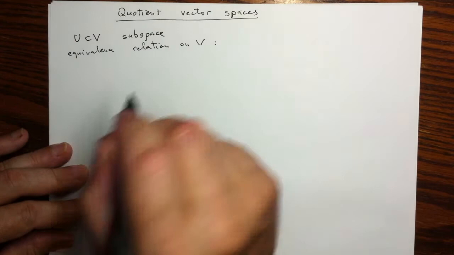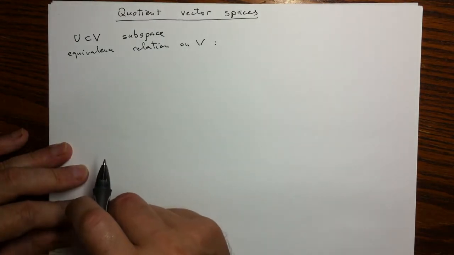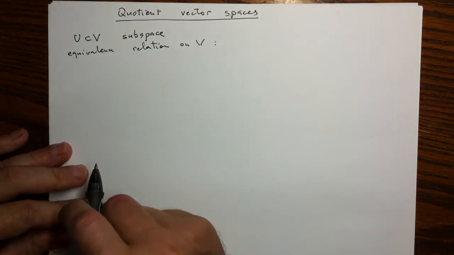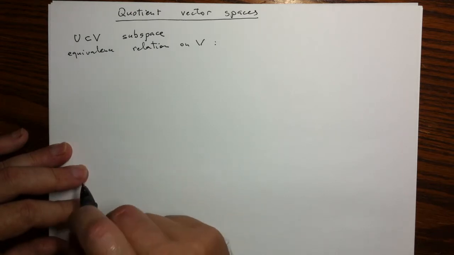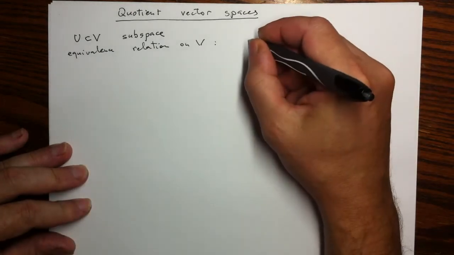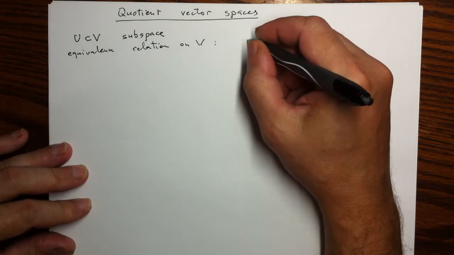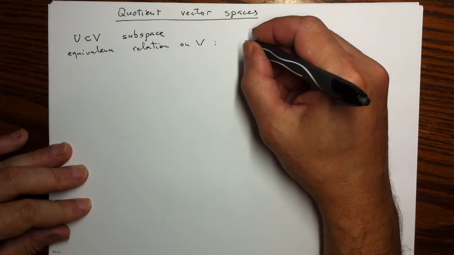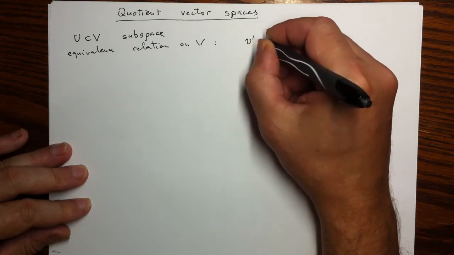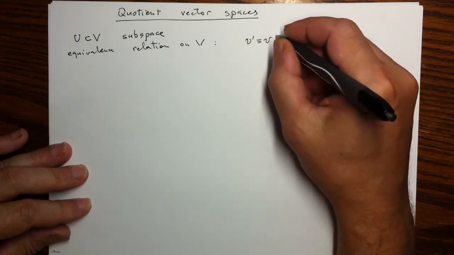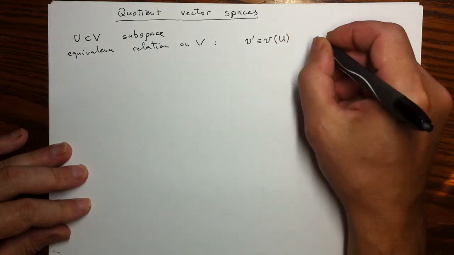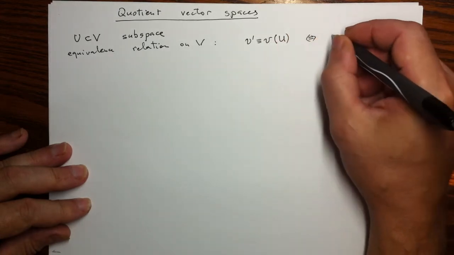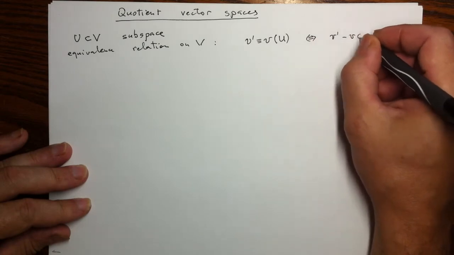I will be using the notation of congruences just to emphasize the similarity. The definition of this equivalence relation will be very similar to congruence of integers modulo some fixed number. So two vectors are congruent, or equivalent with respect to this relation, congruent modulo U, if and only if their difference belongs to U.